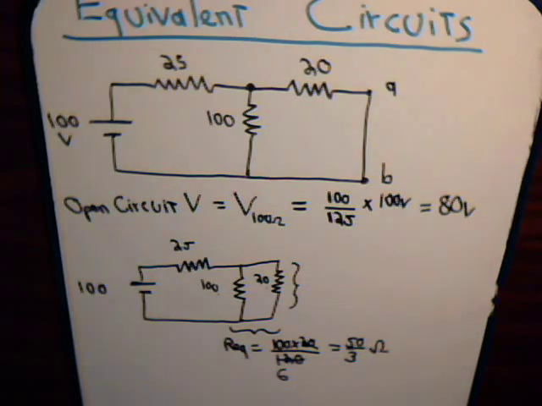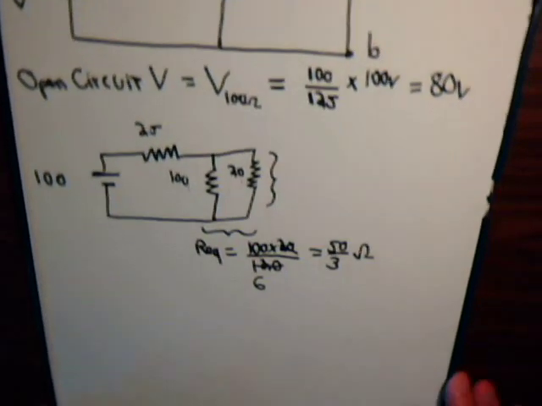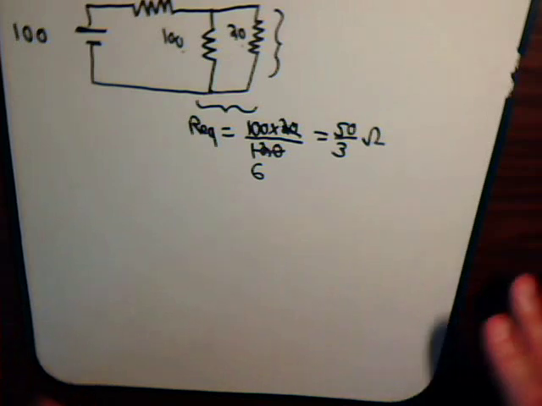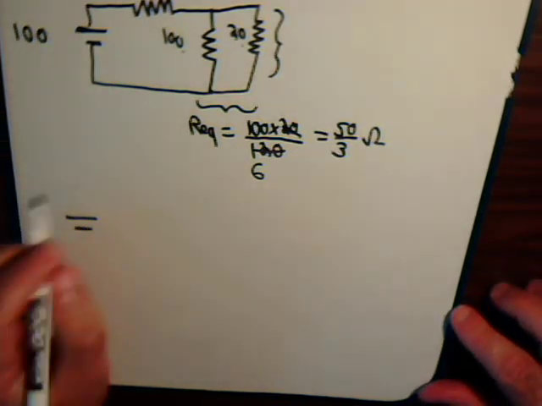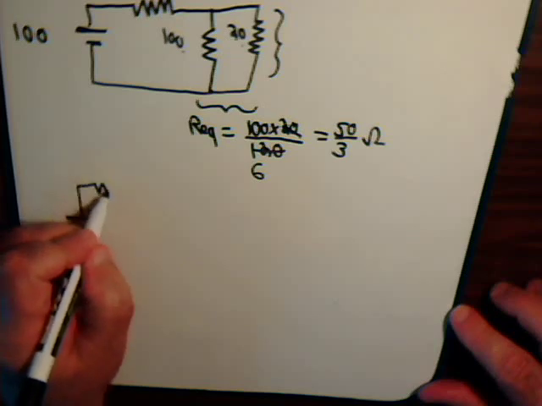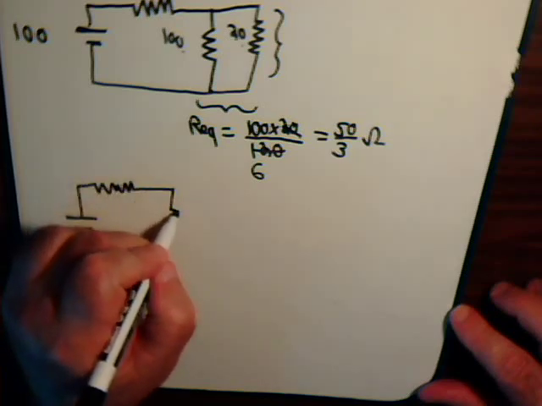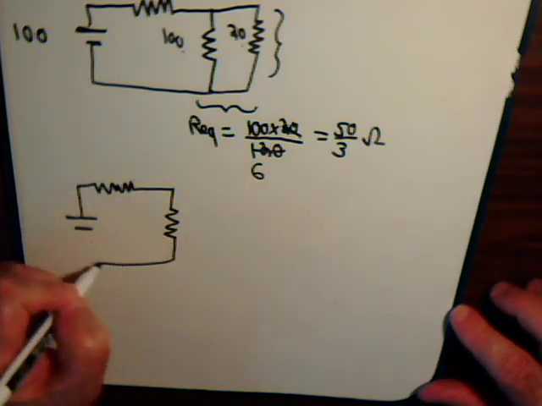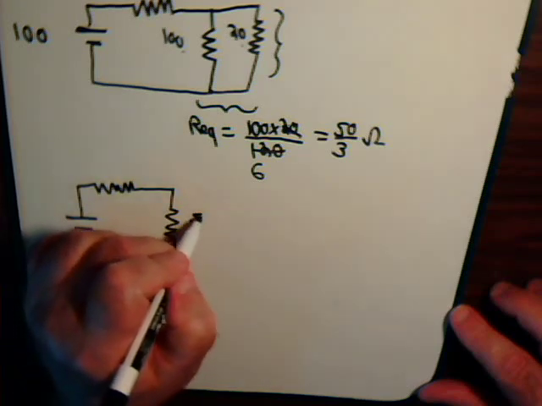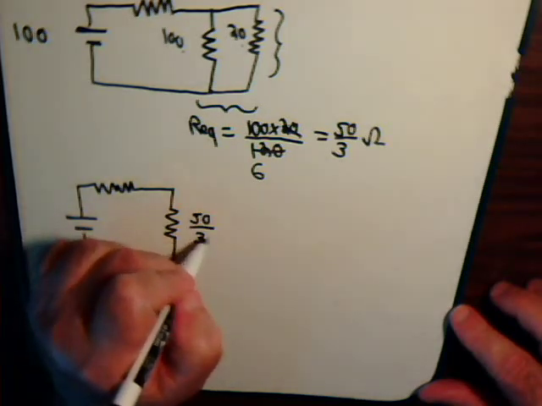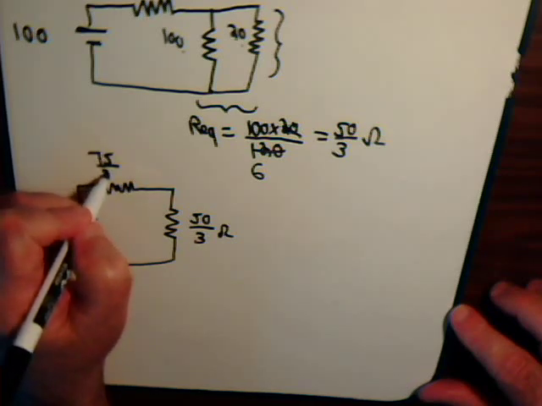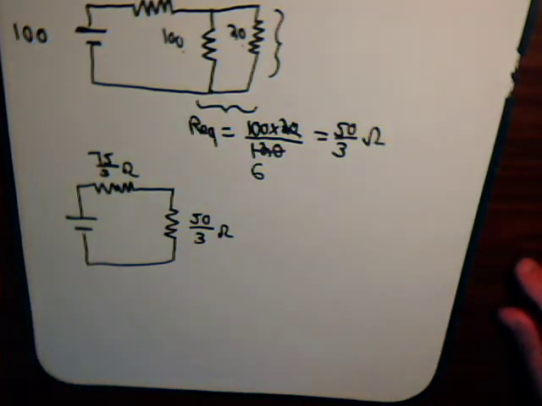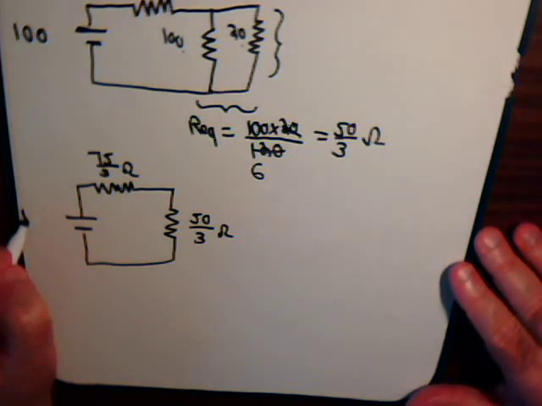ohms. So let's quickly redraw this. Here we have our voltage source of 100 volts, our 25 ohm resistor, which we can designate as 75 over 3 ohms, and this is 50 over 3 ohms.